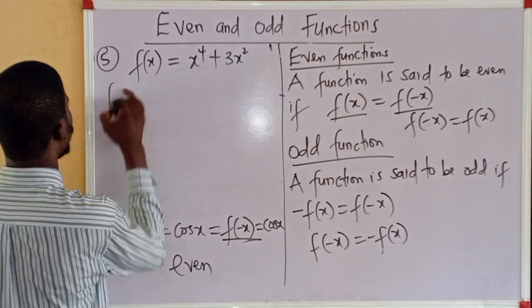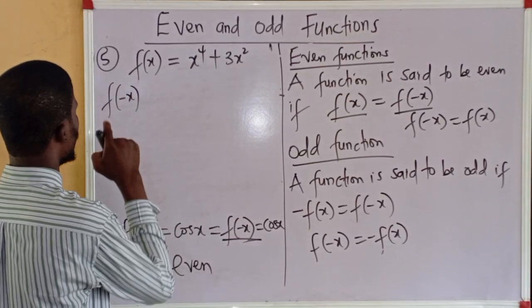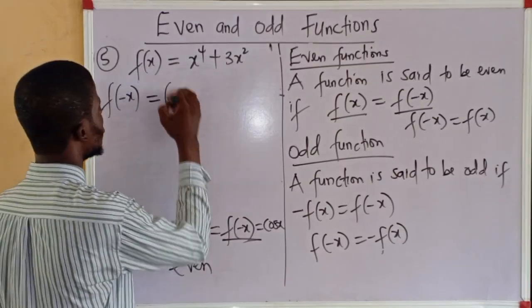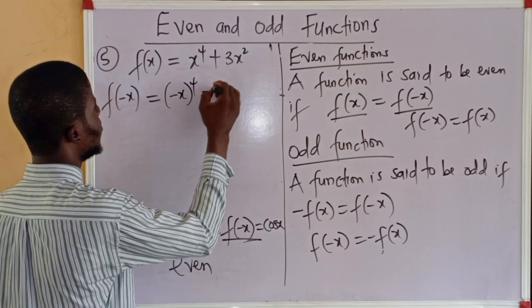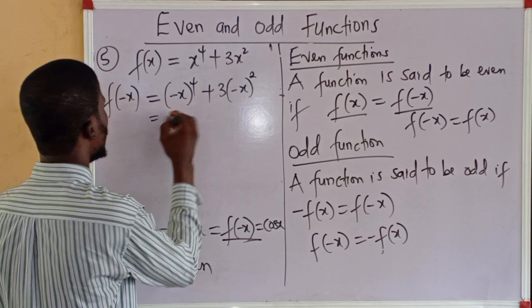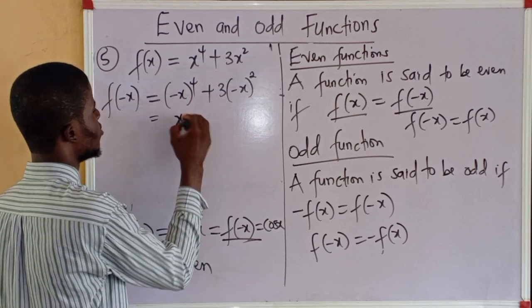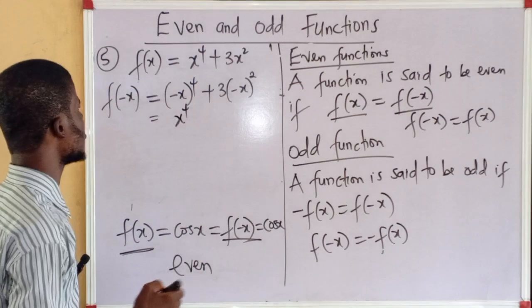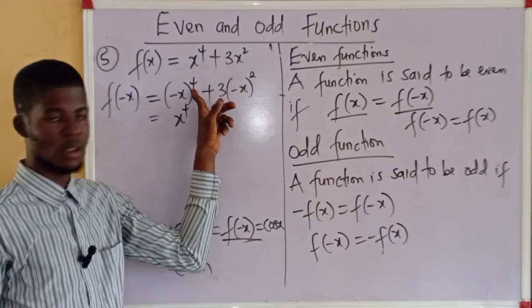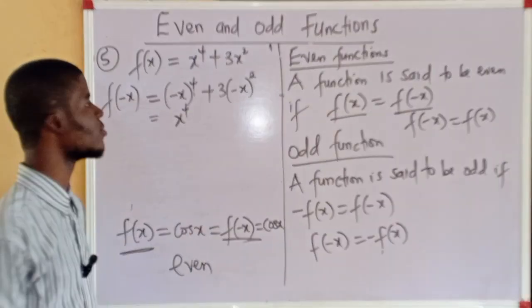Let's see. What is f of minus x? f of minus x is equal to, in place of x, I'm writing minus x: minus x to the 4th plus 3 times minus x to the 2nd. Minus x to the 4th is x to the 4th. Take note, if you raise a negative number to a power that is even, the negative sign will disappear. Okay?